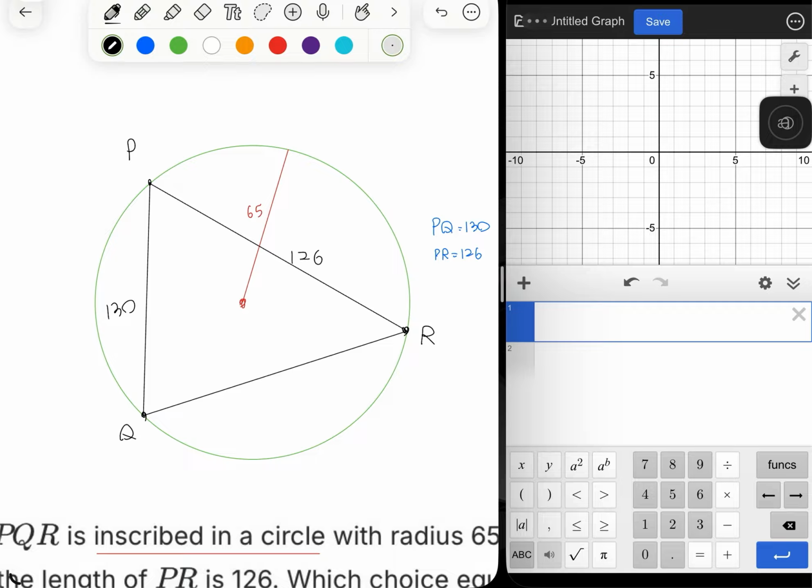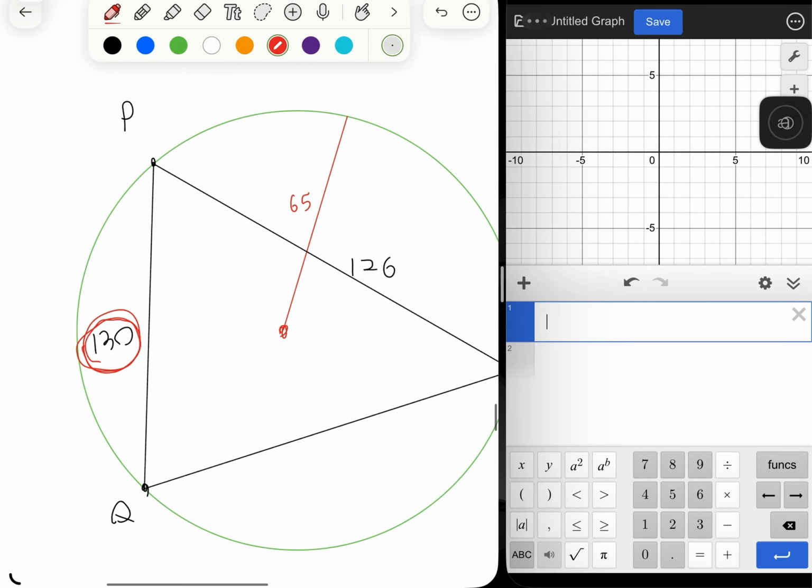The reason has to do with the length of PQ, which is 130. And you know that the radius of the circle is 65, the distance from the center to any point on the circumference. If PQ is 130 and the radius is 65, what do you notice about those two numbers?